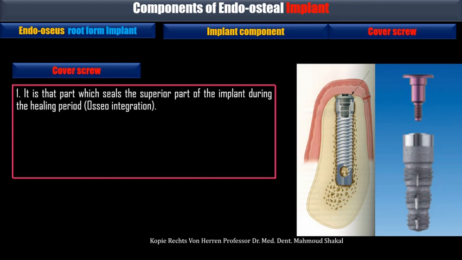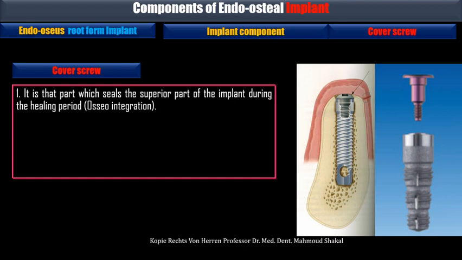Why? Because if you did not seal it, you would have accumulation of blood and interstitial fluids inside here that will further disintegrate or degenerate, and the body will start to recognize it as a foreign body and develop inflammation, abscess, and edema.